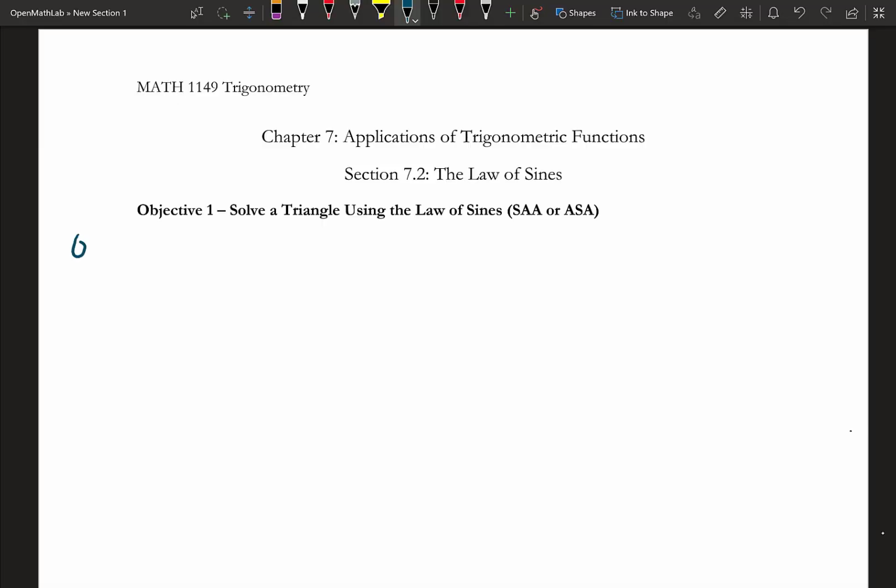An oblique triangle is a triangle that does not contain a right angle.